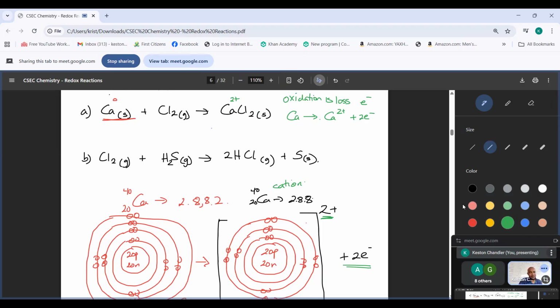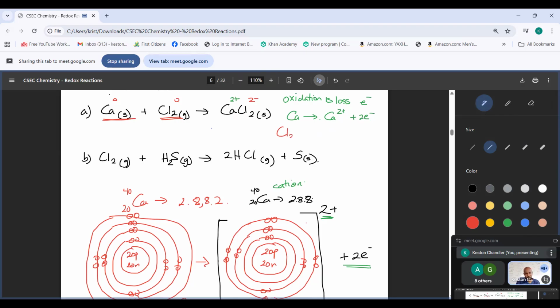Now, while that is happening, chlorine, on the other hand, is going from 0 to 1 minus, not plus. Chlorine is gaining the 2 electrons that were lost by calcium.